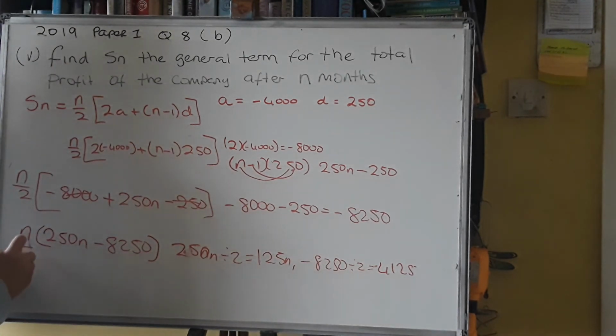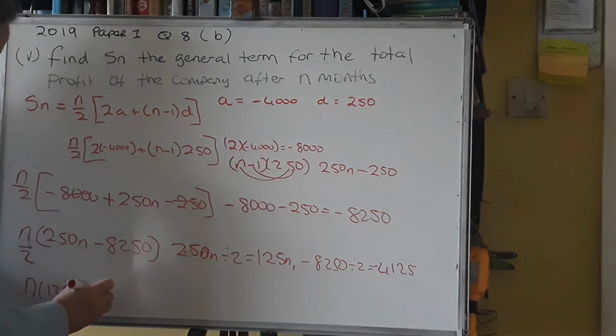So now that 2 is gone. So now we're just left with n by 125n minus 4,125.